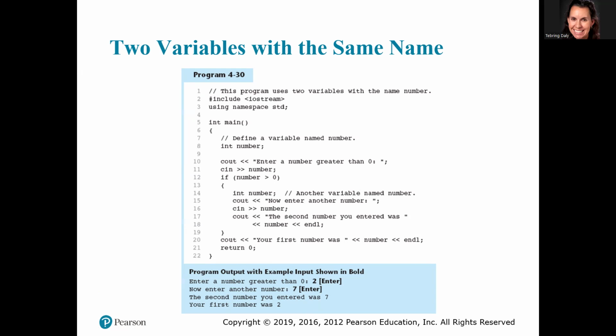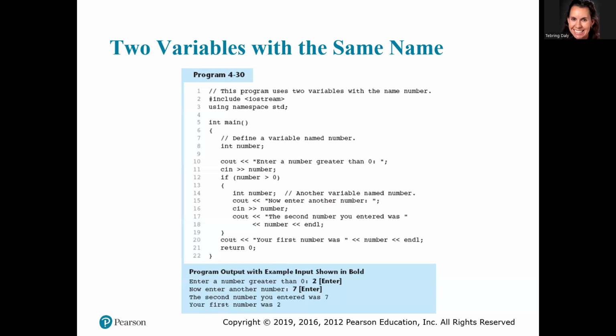So typically we try not to give things the same name because that's confusing. You can see that inside this if statement, the number is the one in here, but when we come back out, it's the first number. So it's kind of tricky, so just be careful. And why does it let you do that?